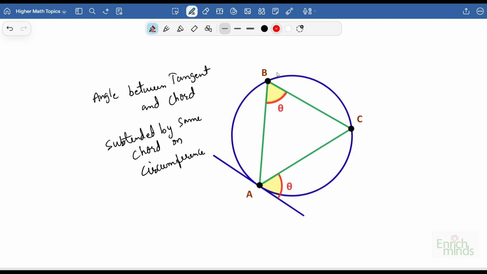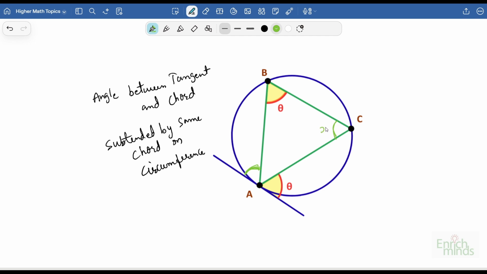So to demonstrate, let me show you another example here. Let me use this color green. So we see this tangent and there's another chord AB, right? So the angle between this tangent and the chord AB will be equal to the angle subtended by the same chord AB on the other side, on the circumference of the circle. So this angle is subtended by the chord AB. So this angle will be equal to this angle.